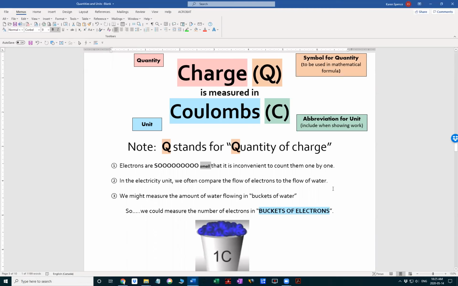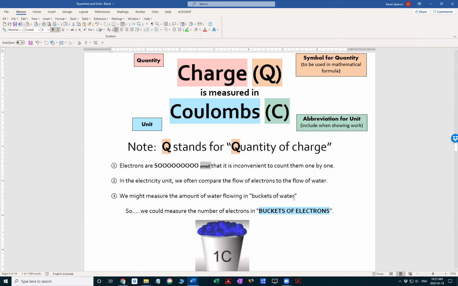So in the electricity unit, we often compare electrons flowing through a wire to water flowing. So water flowing through a river, or water flowing through a hose. That would be, we're comparing that to our electrons flowing in a wire. And just like if we were looking at a river, we might measure the amount of water flowing in buckets of water.